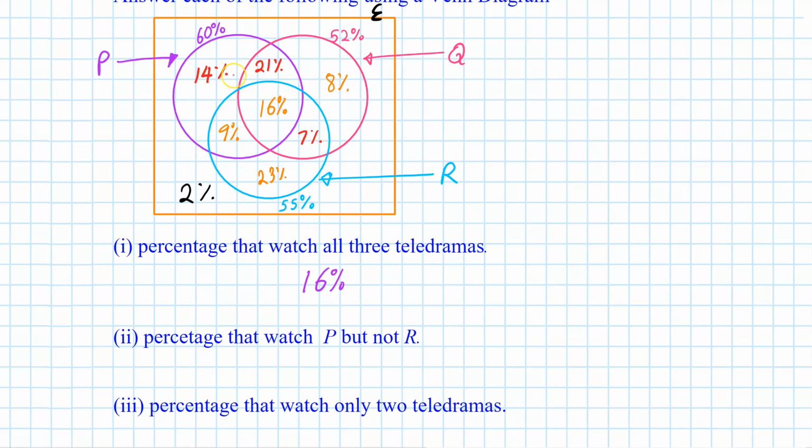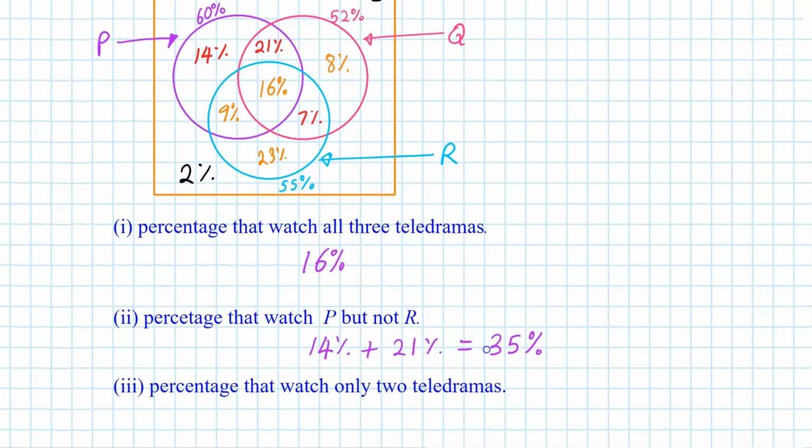Just the 14 and 21 in red color. Hence we add them. 14, 21, that gives us 35%. Watch P but not the R teledrama.